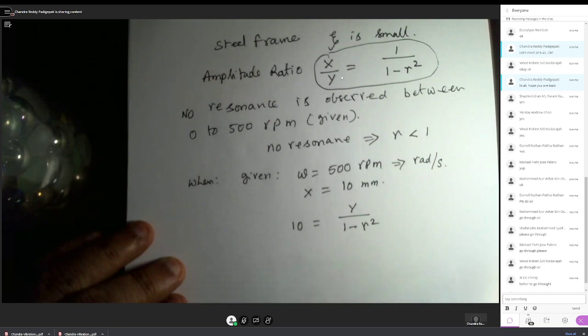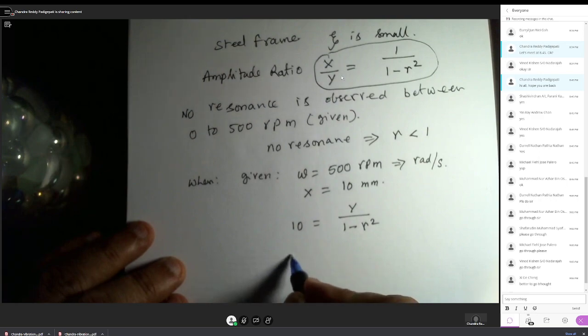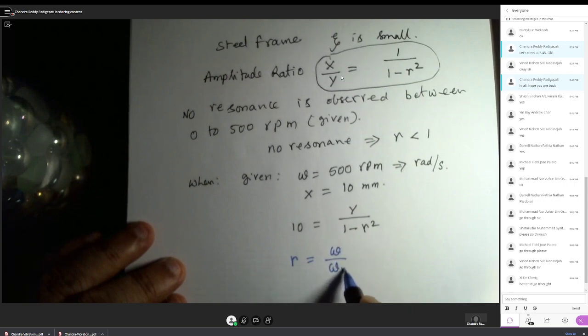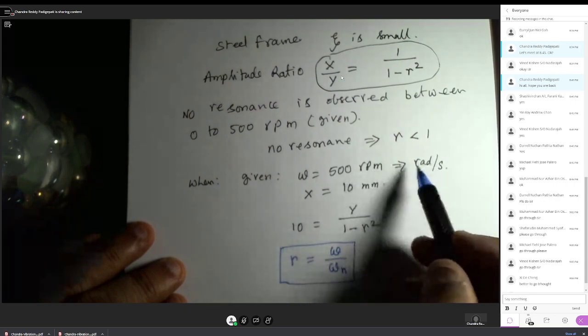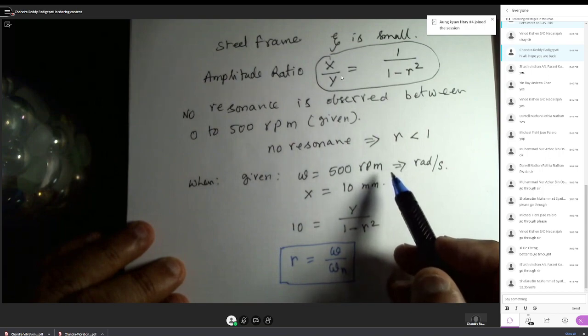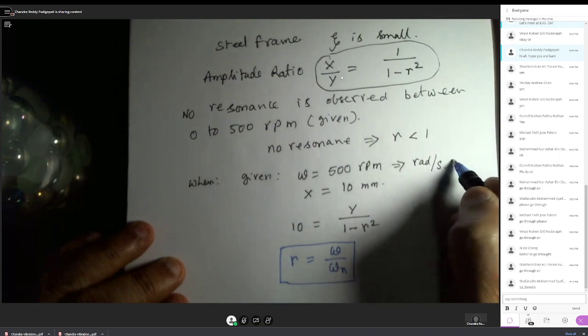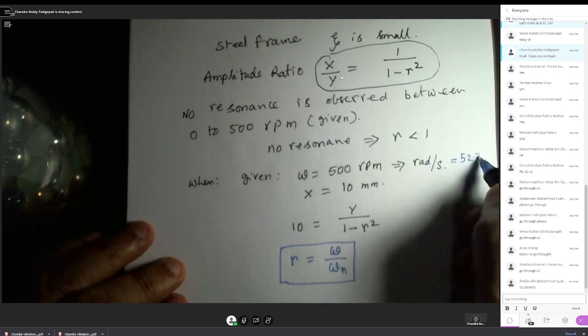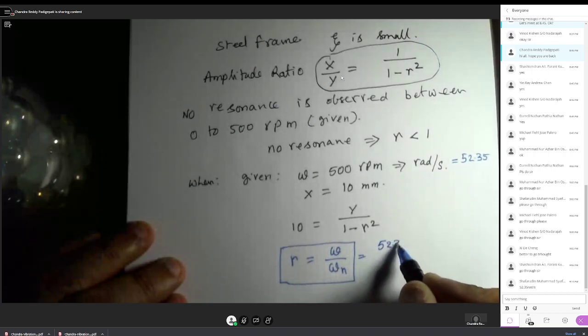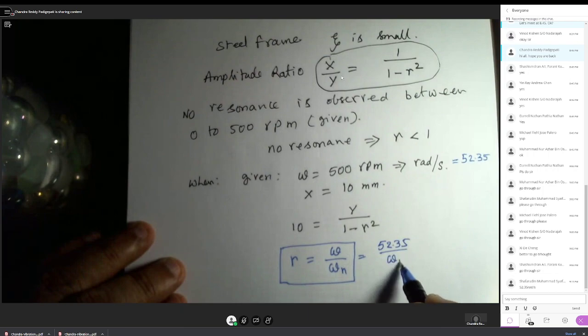So we know that r is the ratio of frequencies, omega over omega n. So let me know what is omega. Can someone tell me? So Safaruddin says 52.35 radians per second. Okay, so you can use 52.35. So r becomes 52.35 over omega n.